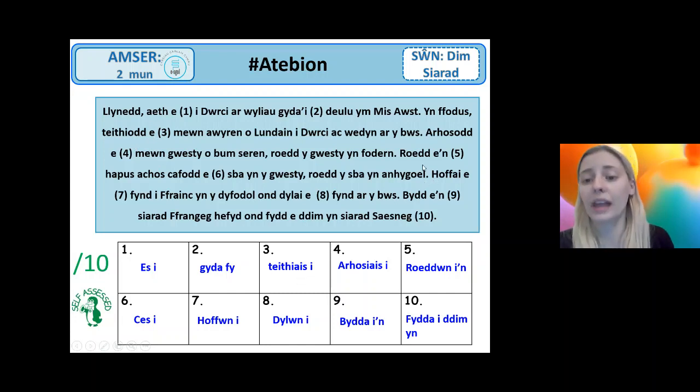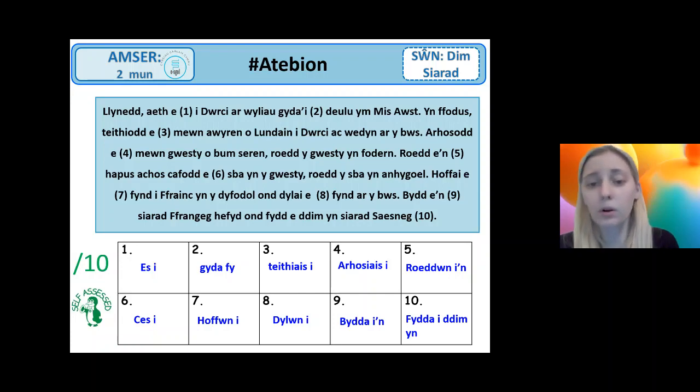But if we look at roedd e'n, there would be an apostrophe n after the verb here, so you'd expect that to be in the answer. If you wrote down teithiais i'n, with an apostrophe n on the end, the exam board would mark it incorrect. Another thing to watch out for is formal and informal in your answers as well.